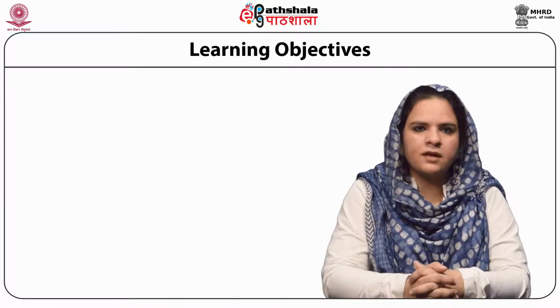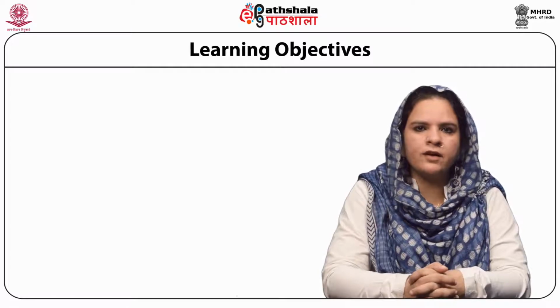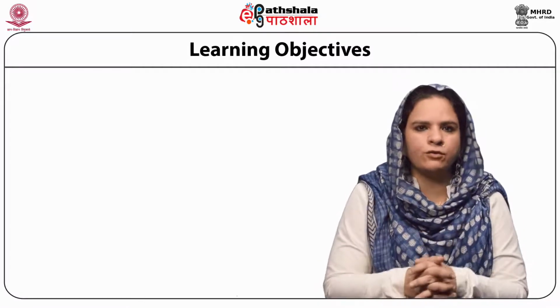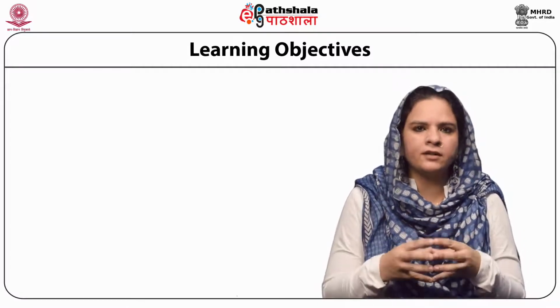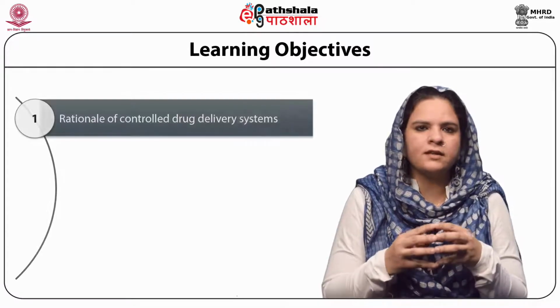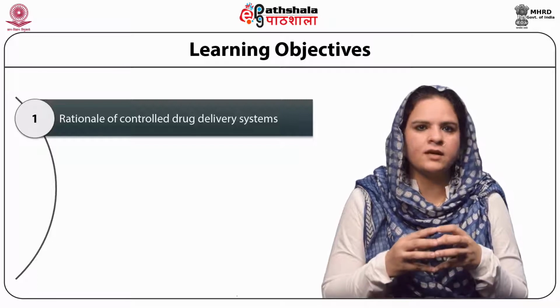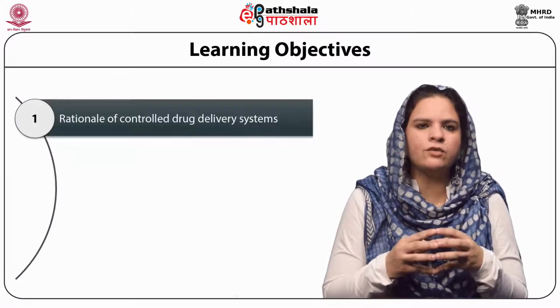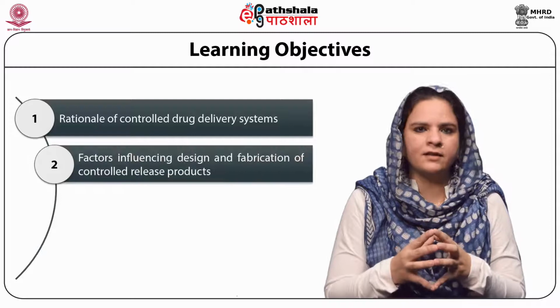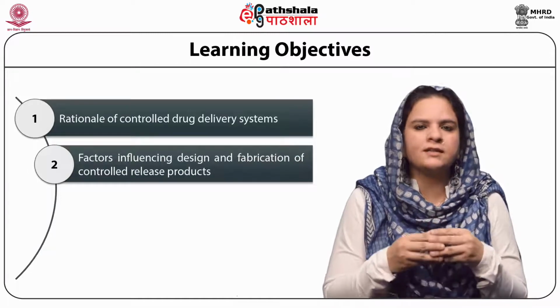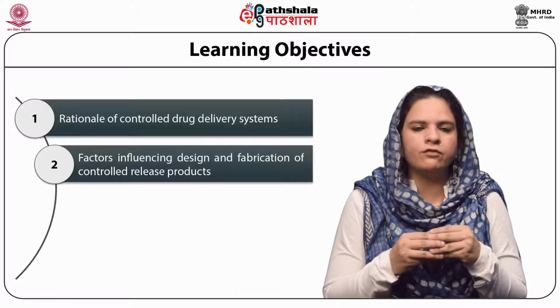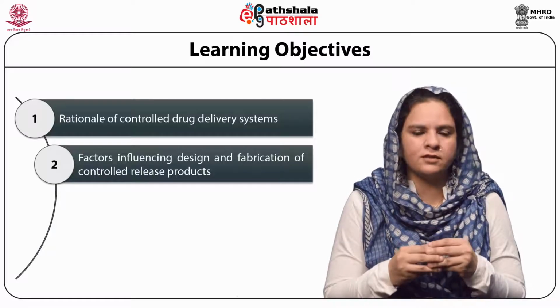So students, let us visualize what we are going to learn from this module. The first important thing which we will focus on is the rationale of controlled drug delivery systems. Secondly, we will try to elucidate the various factors which will influence the design and fabrication of the controlled release products.